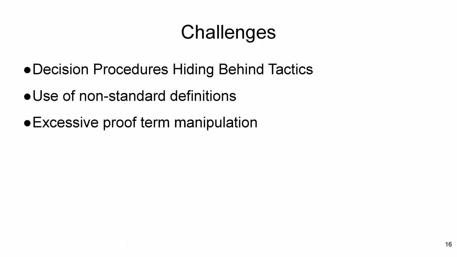There's also the issue of the use of non-standard definitions. For example, in most introductory proof courses, we use the definition of divisibility, that a number is divisible by another number if you can find some integer to multiply the first number such that the product is the second number.